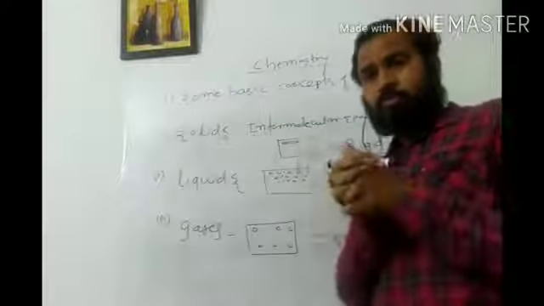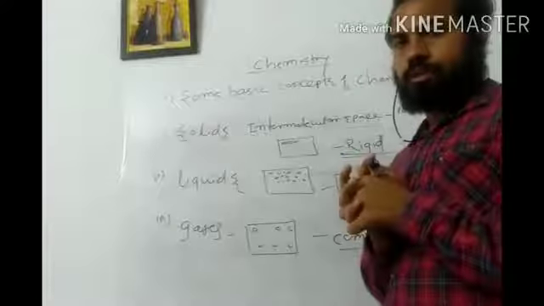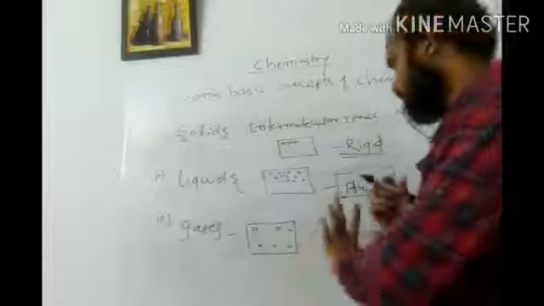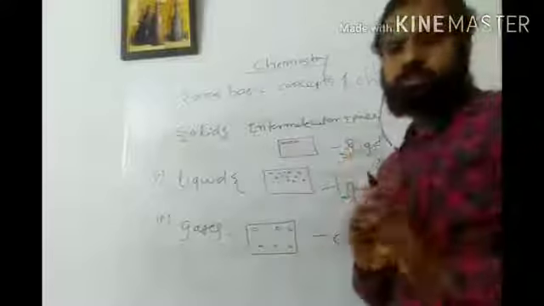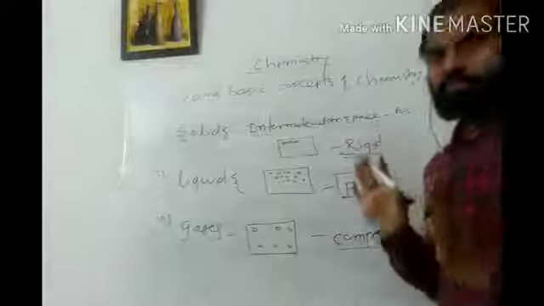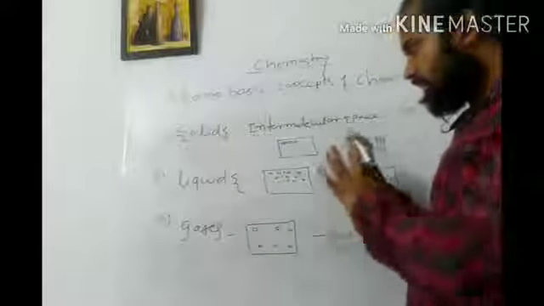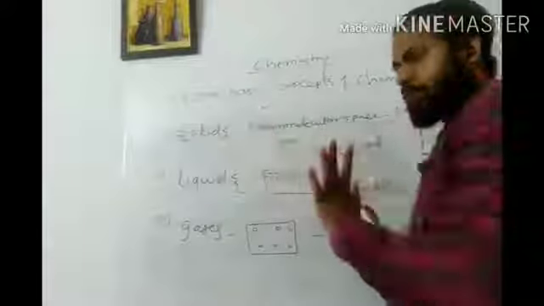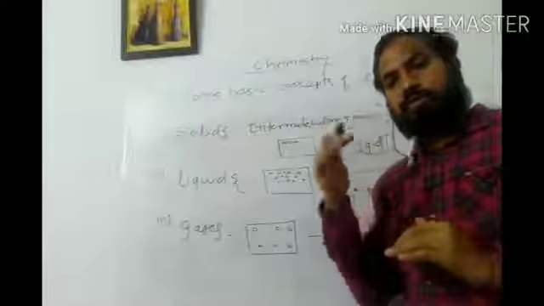They are closely packed with each other. The most important property of solids is that they are rigid, meaning that after applying force, their volume does not change easily. In general they are rigid in nature. So these three parameters are most important when we study solids.